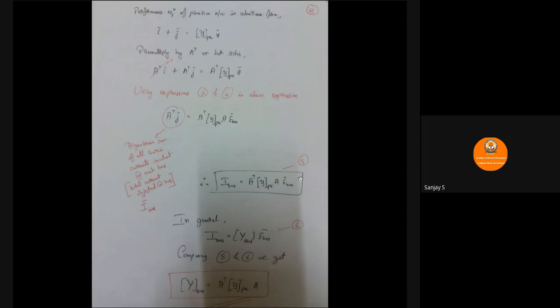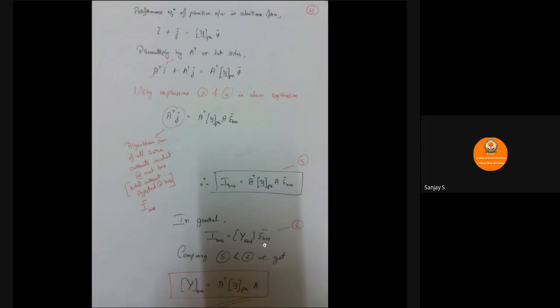Now, if we generally relate by Ohm's law, we know that I is equal to V divided by Z, or you can write it as I is equal to V into Y. In place of impedance, if you take the admittance, 1 by Z is nothing but Y. So if you use that, you have I bus is equal to Y bus into E bus.